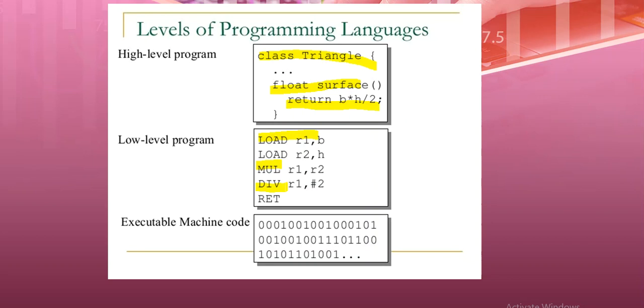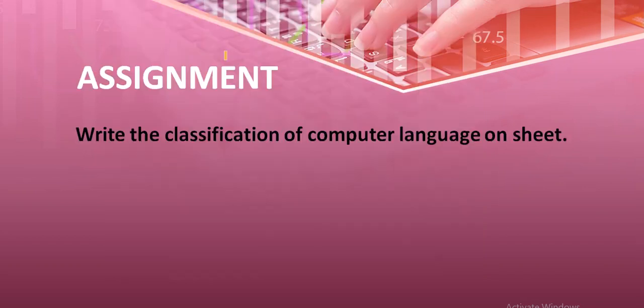And if you convert this low level program into machine code, it will only generate a code with zeros and ones. So machine language is something which the computer understands, and high level language is something which human beings easily understand. So high level language is easy for human beings but very difficult for the computer, whereas machine level language is very easy for the computer but difficult for the user.